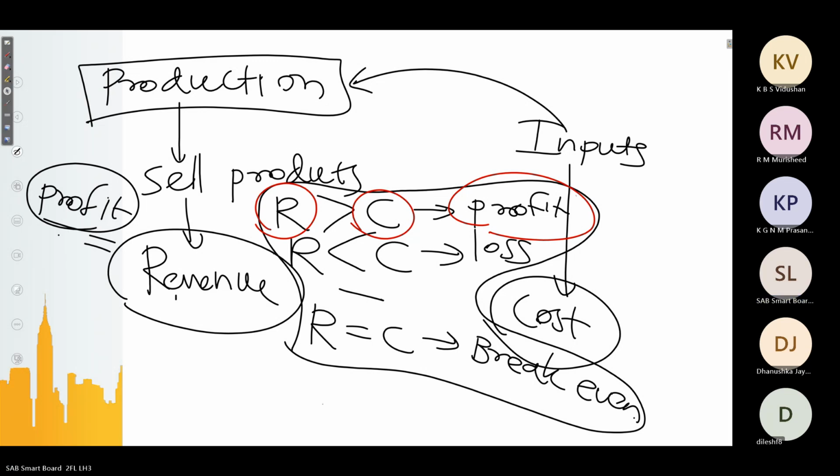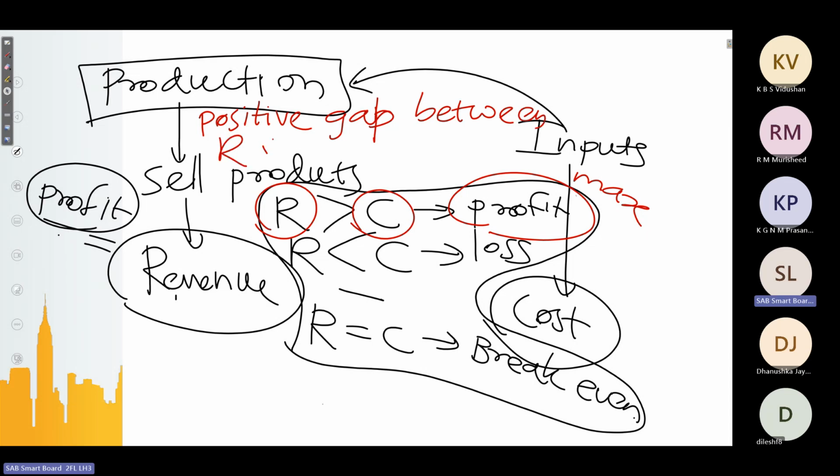Profit is maximum when the positive gap, meaning revenue is greater than cost, is the largest.